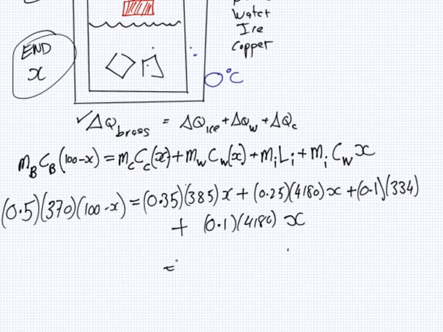Right, so let's clean that up. 0.35 times 385 plus 0.25 times 4180 plus 4180.